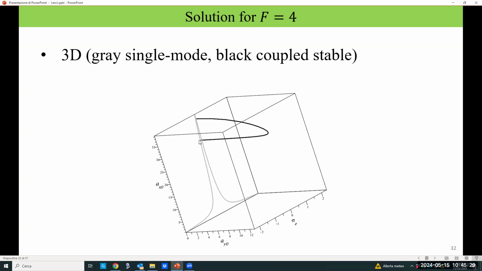You see, at a certain level, from this uncoupled behavior, a coupled behavior starts, and you can have crosswind oscillation. AY starts to become different from 0. So oscillation in the direction perpendicular to the wind starts and does this kind of curve. All this curve is stable and the phenomenon is there.